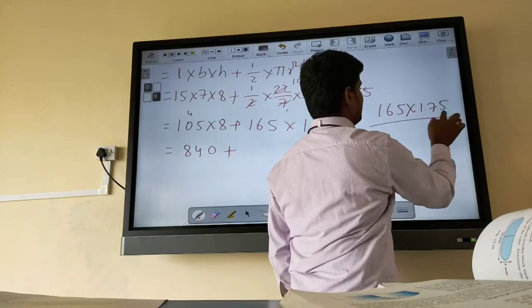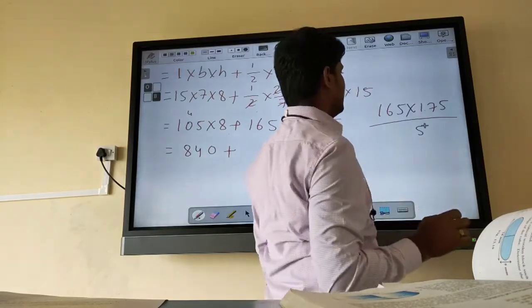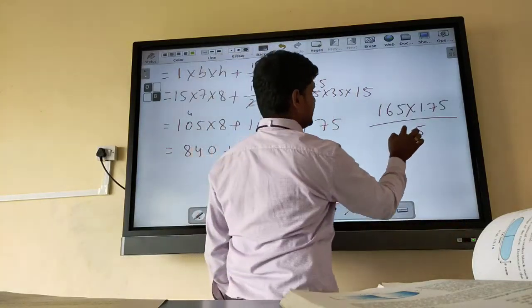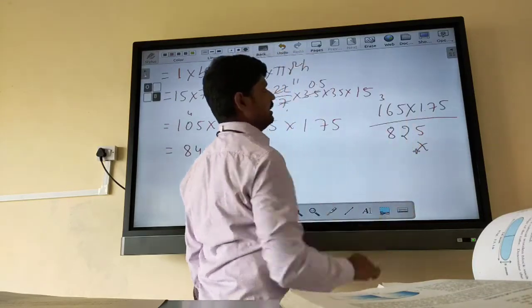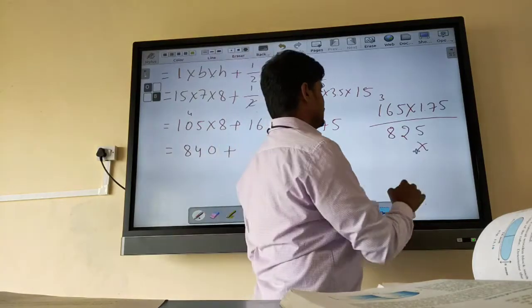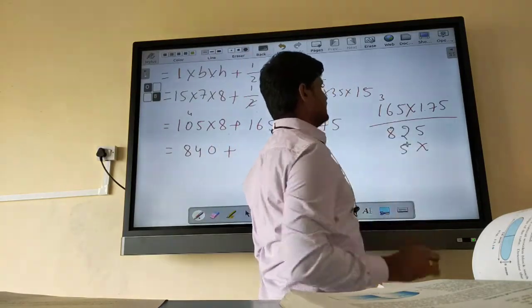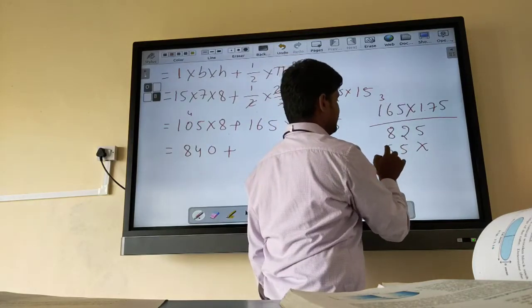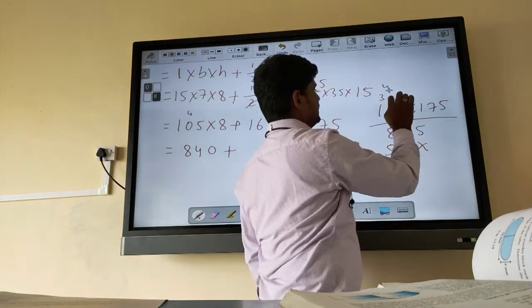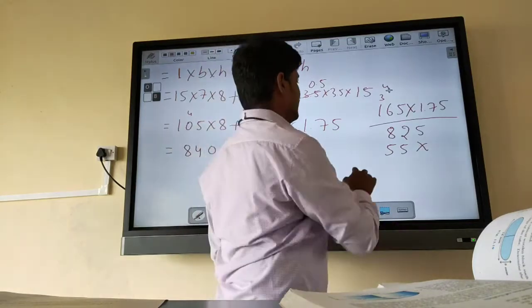Now 5 table: 5 fives are 25, 5 2 carry, 5 sixes are 30, 32, 3 carry, 5 ones are 5, 5 plus 3, 8. Into mark. 7 table: 7 fives are 35, 5 3 carry, 7 sixes are 42, 42 plus 3, 45, 5 4 carry, 7 ones are 7 plus 4, 11.